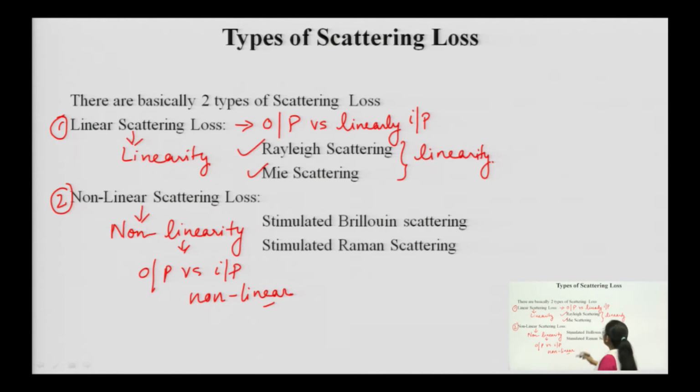The first one is stimulated Brillouin scattering, also called SBS, and the second is stimulated Raman scattering, that is SRS. Most generally, stimulated Brillouin scattering is called SBS, and stimulated Raman scattering is called SRS.